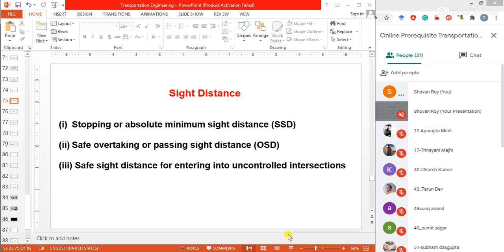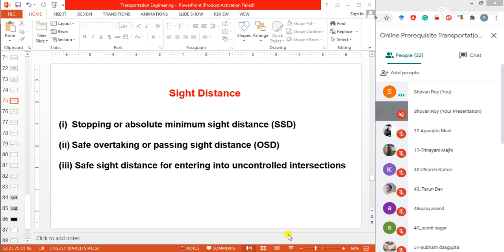In other words, sight distance is the length of road visible ahead to the driver at any instance. Again, I am repeating, the sight distance available from a point is the actual distance along the road surface which a driver from a specified height above the carriageway has visibility of stationary or moving objects.